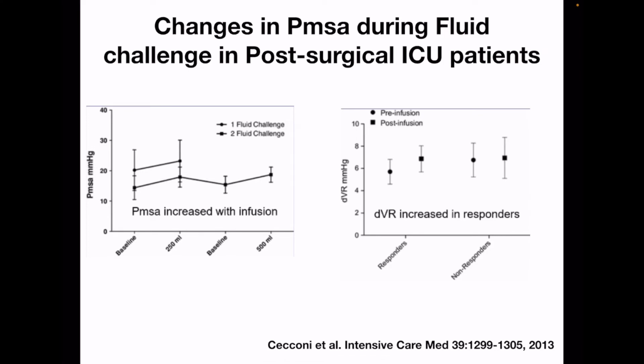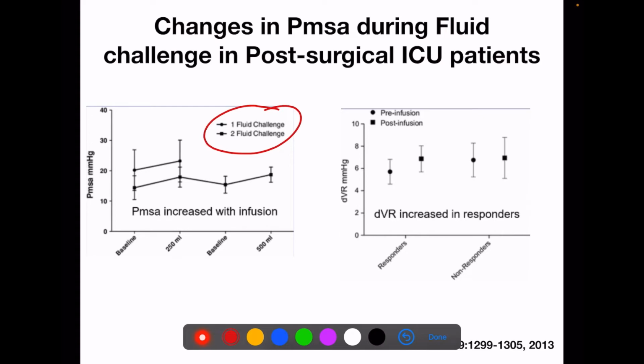Now, this is a study in which they tried to find out the changes in the mean systemic filling pressure with volume challenges. This was in a setting of post-surgical ICU patients. So here they gave two types of volume challenge, and they tried to see how there was a correlation. They divided the patients into responders and non-responders.